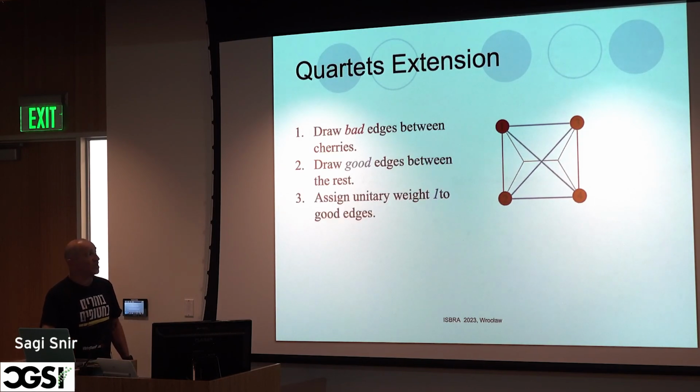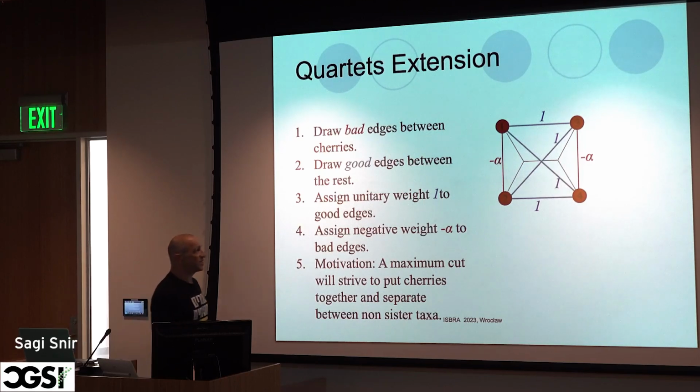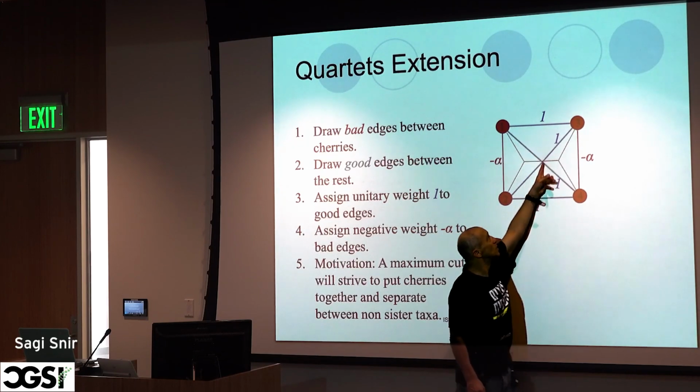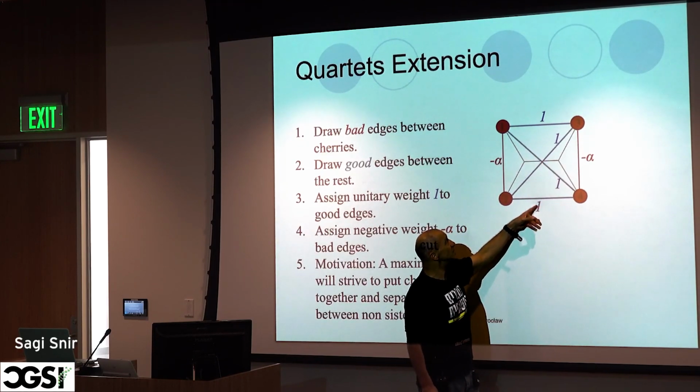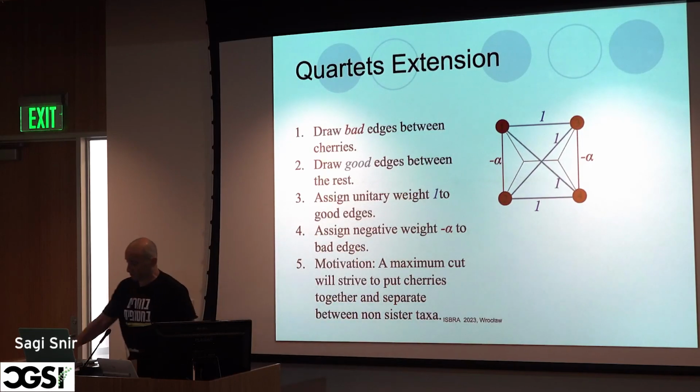And again, we give a unitary weight to the good edges, and we adjust a negative weight to the bad edges. And again, the motivation is that a maximum cut will strive to cut these edges, but not these, which reduce the value of the cut.